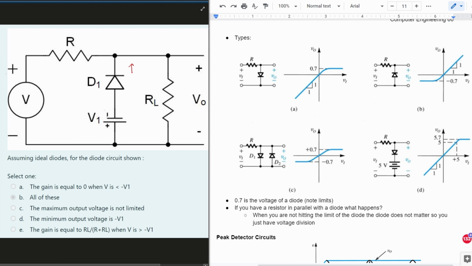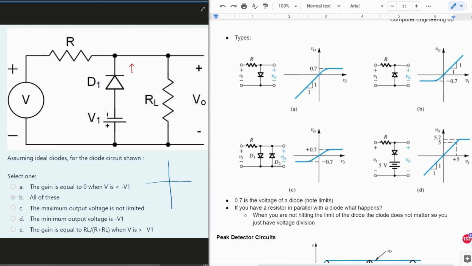So when we draw this out for our graph, it's going to look something like this, and I'll just draw it right here. So we have our graph like this. And for our graph, we have some cap, like this, but it's going to be on the lower end. The reason why it's on the lower end is because of the different direction of our diode.